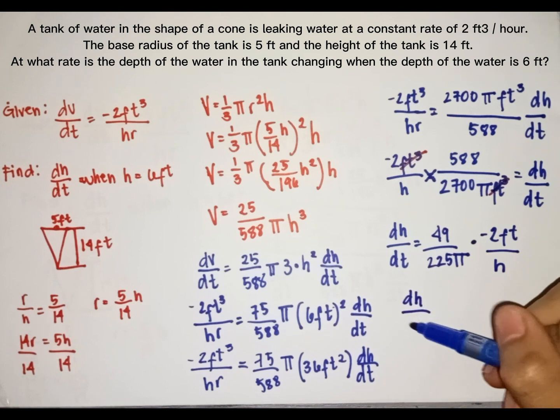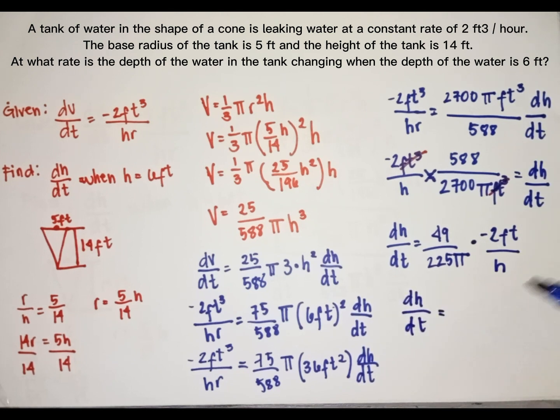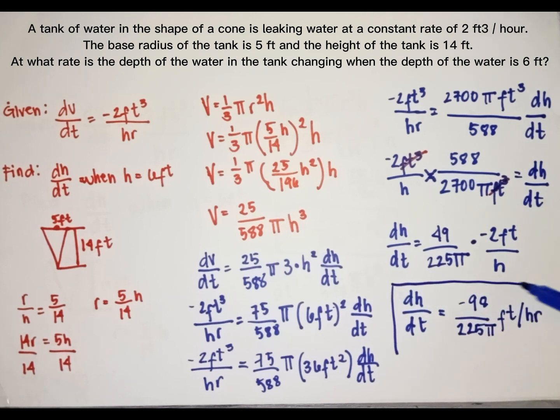And then dh over dt is equal to 49 times negative 2, which is negative 98 over 225 pi feet per hour. And this is our final answer.